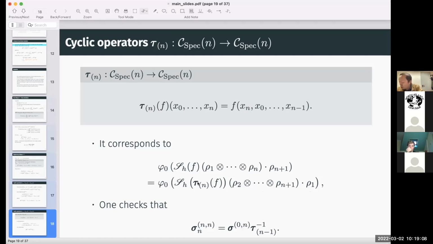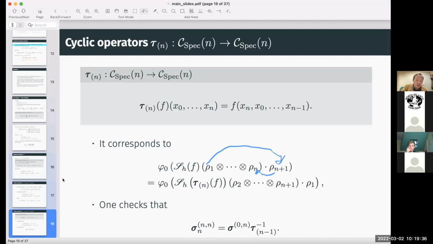In this case I want to move this row 1, and what I do here is simply a cyclic permutation, right? I move the row 1 in here and the row in here. One can check that the degeneracy has this simple relation.